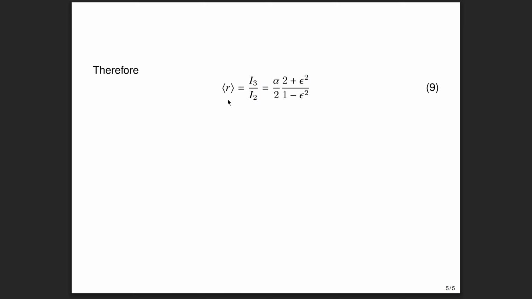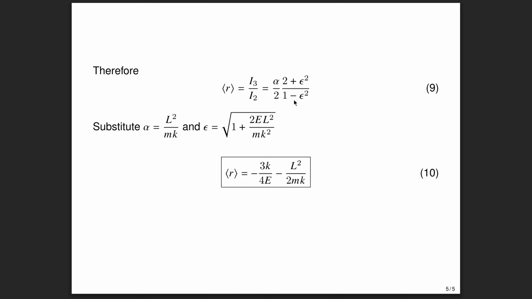So now the average distance of the electron from the nucleus, which was I3 upon I2, turns out to be alpha upon 2 multiplied by 2 plus epsilon squared divided by 1 minus epsilon squared, where alpha is this, n squared upon nk, and epsilon is the square root of 1 plus 2 e l squared upon nk squared.